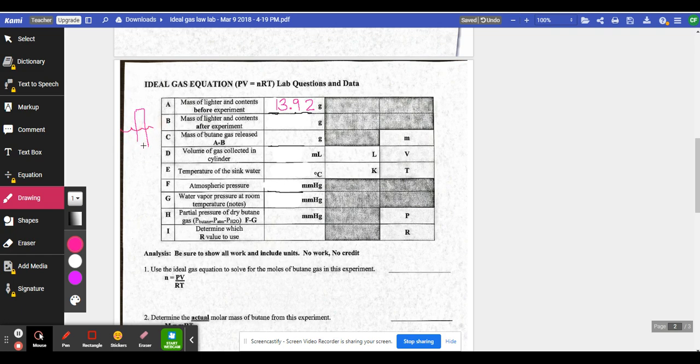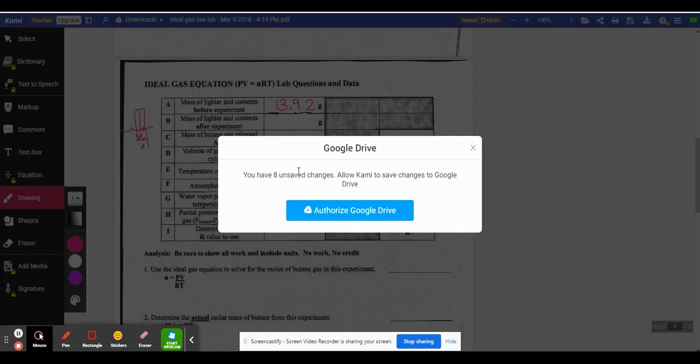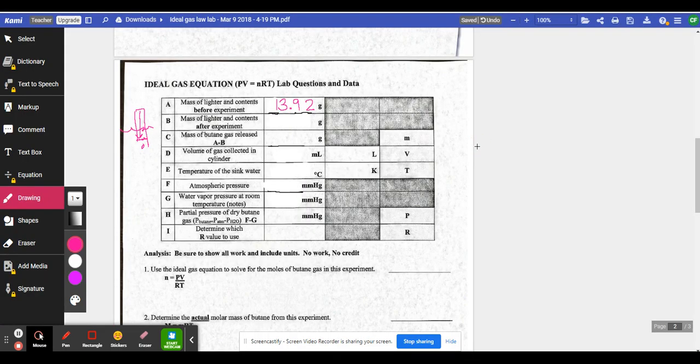We collected the little gas bubbles until this level dropped to the volume of the gas that was collected, so 91 milliliters. And remember, I went to 1 decimal place because when you are reading something like that, you always estimate to 1 digit after what you read. So if I read it right there, I put 0.0. If it was in between, I would add 0.5. You only estimate 1 digit.